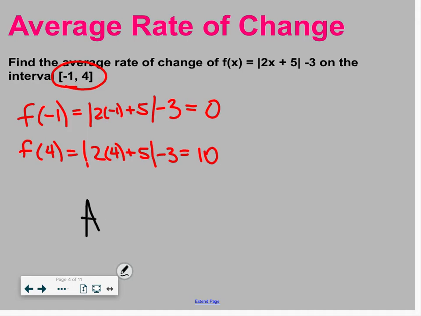So for our average rate of change, we have y minus y over x minus x.